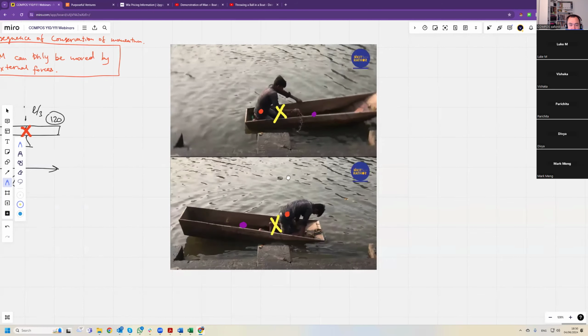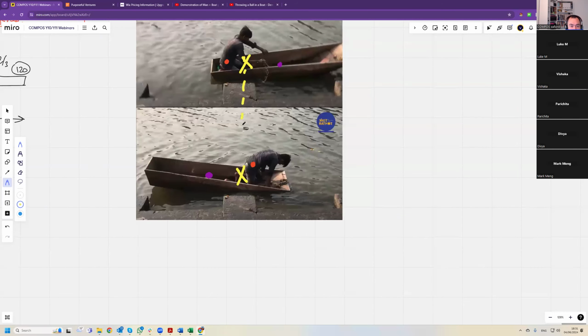Okay, so the center of mass of the system does not move.